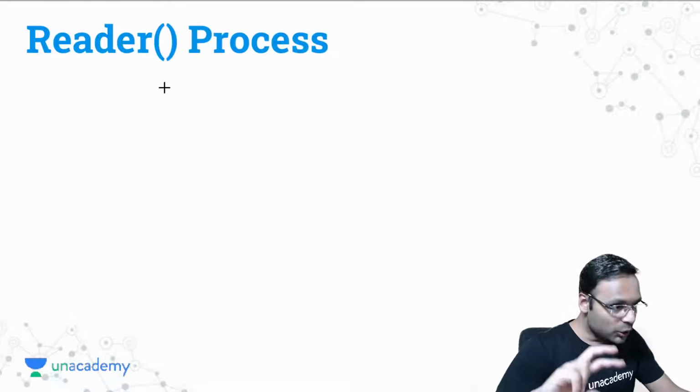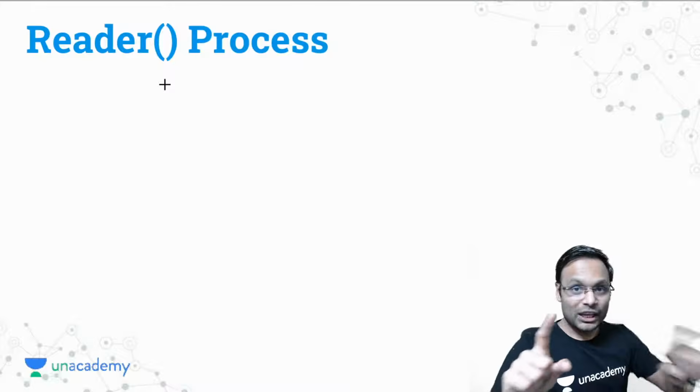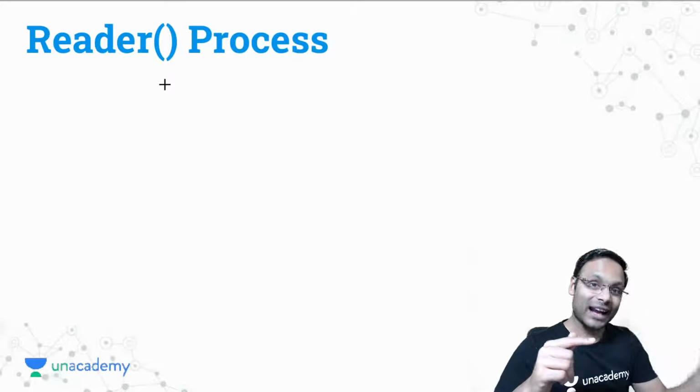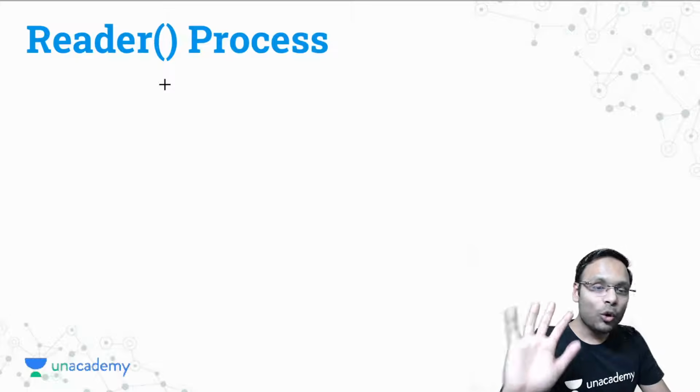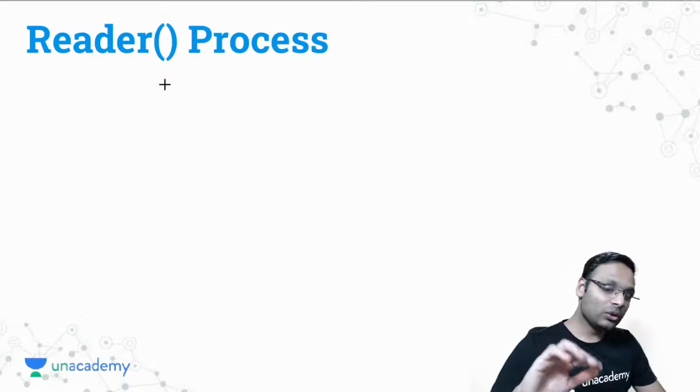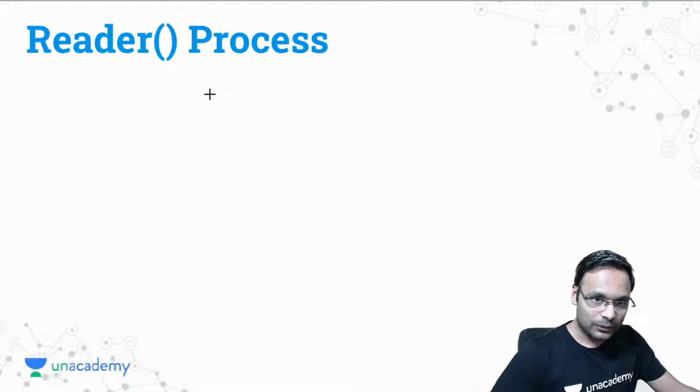if we do have already some person writing or not. If already any person is writing, then reader process cannot proceed ahead. If nobody is writing, then only reader process can go ahead. So what reader process will have?